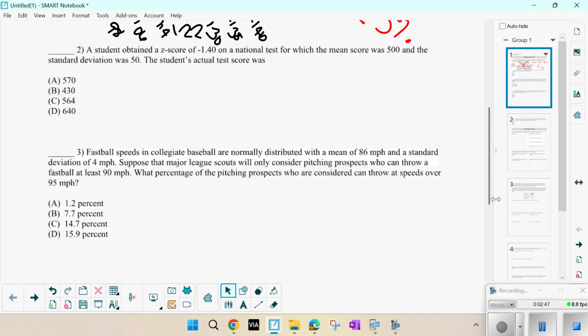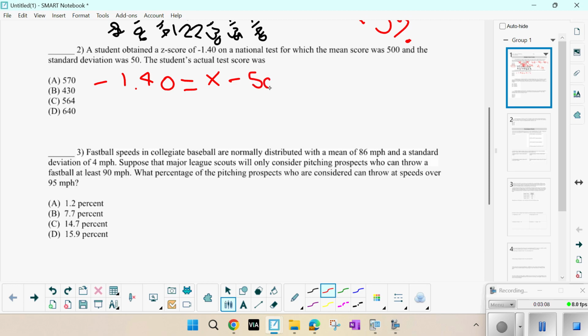Okay, so we're going to use our formula that we've all been studying. So the z-score, which is -1.4, is equal to the actual test score, which we don't know, minus the mean, which is 500, divided by our standard deviation, which is 50.